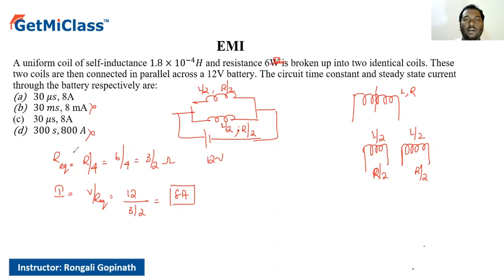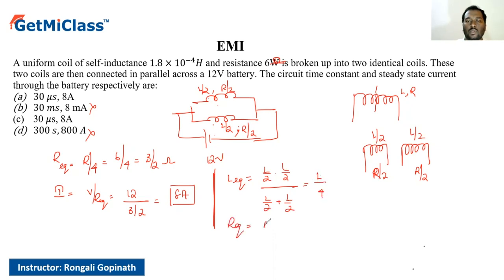We have to calculate what is the time constant of the circuit, right? What is the equivalent inductance? These two inductors are in parallel, so equivalent inductance is L by 2 into L by 2 by L by 2 plus L by 2, which is L by 4. R equivalent is R by 4.